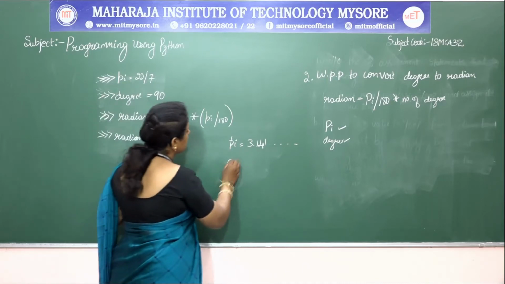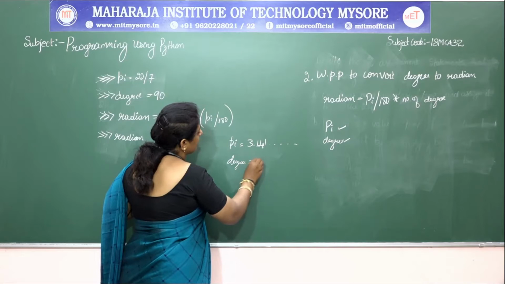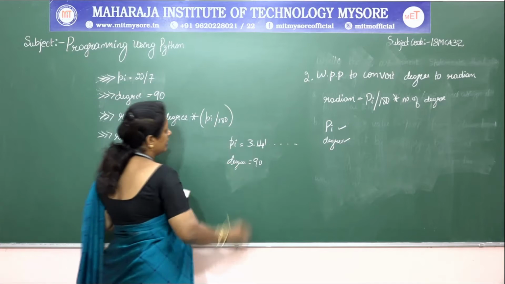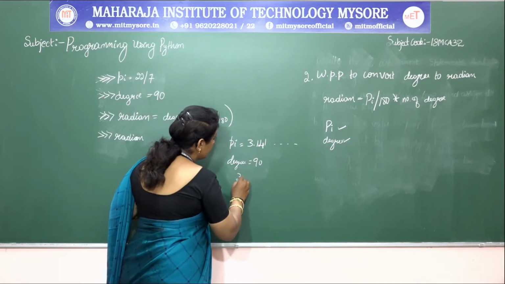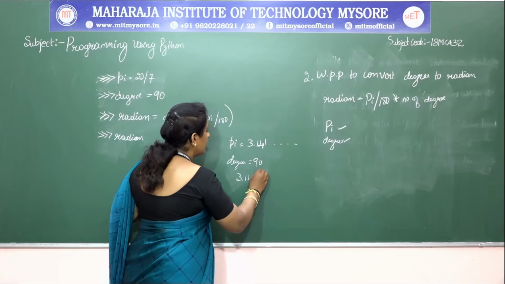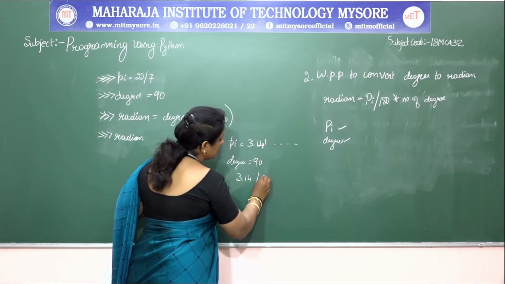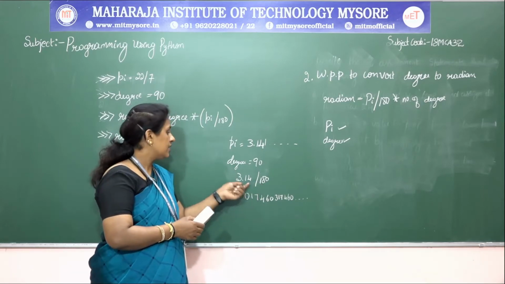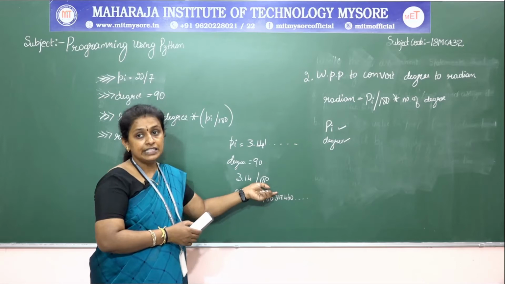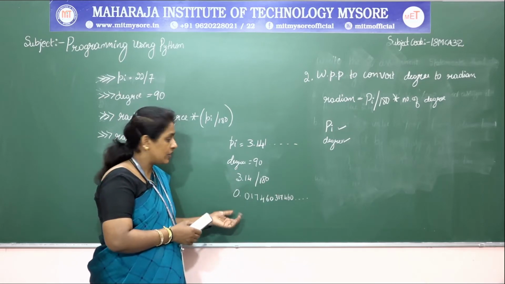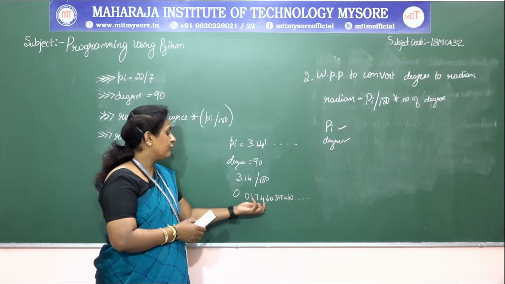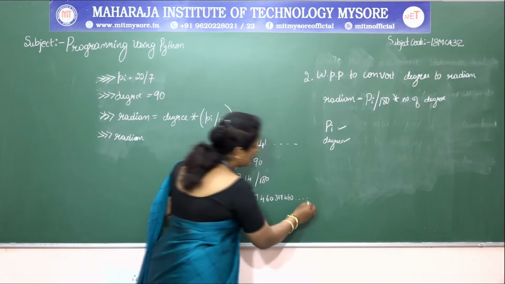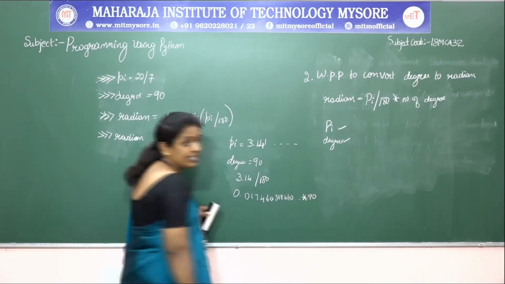The degree will be 90. Now I need to calculate first pi by 180. So pi value is 3.14 something, and that will be divided by 180. When I perform this operation, I will get approximately 0.017460, and it continues like this.